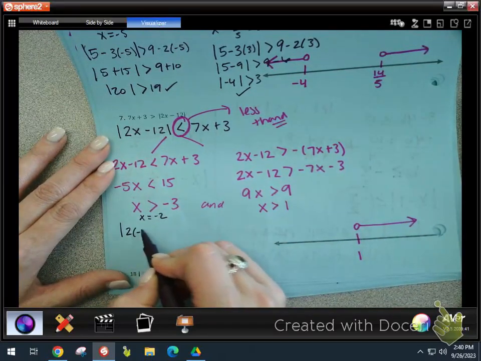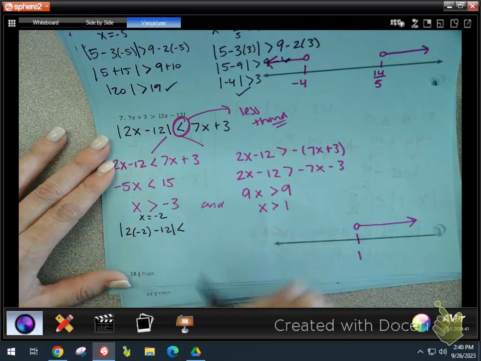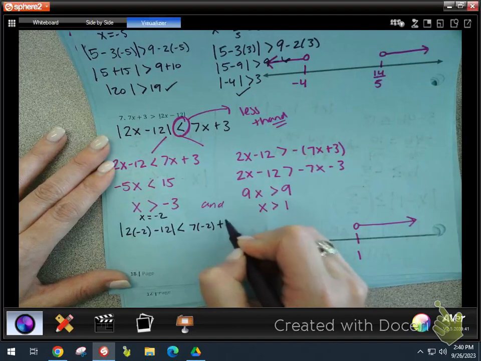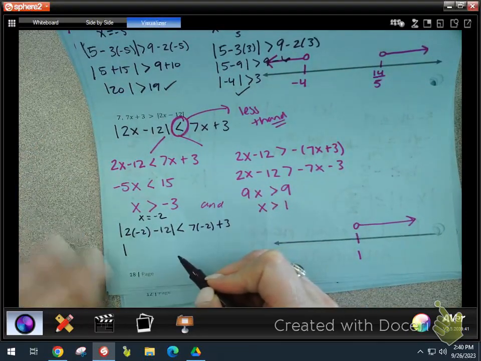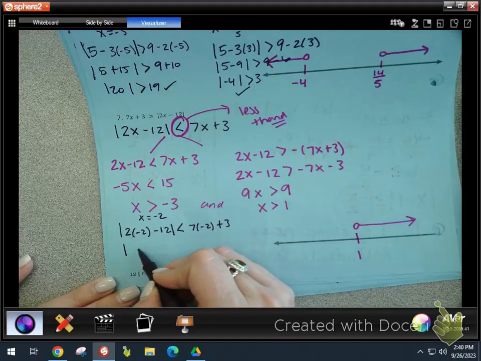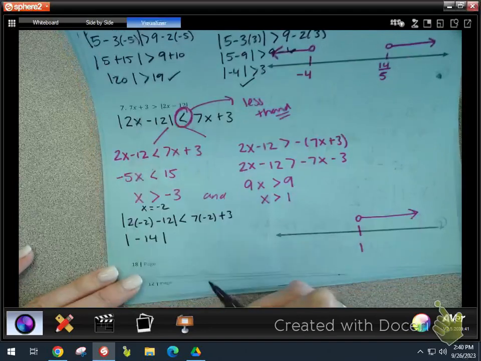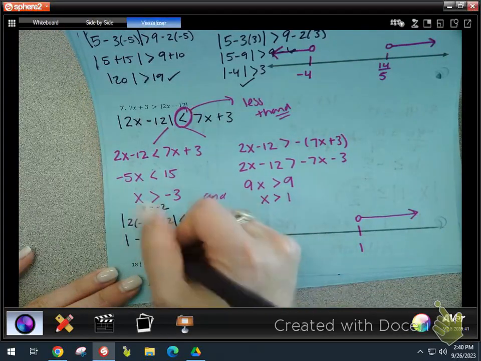2 times negative 2 minus 12 in the absolute value bars less than 7 times negative 2 plus 3. 2 times negative 2 is negative 4, minus 12 is negative 14. Right? What? No, so negative 16.